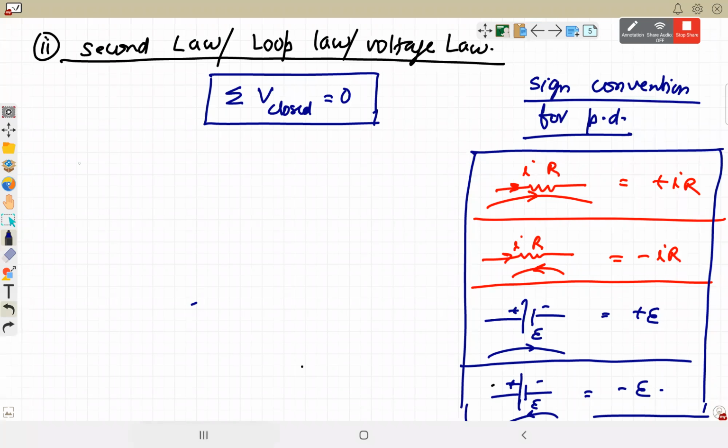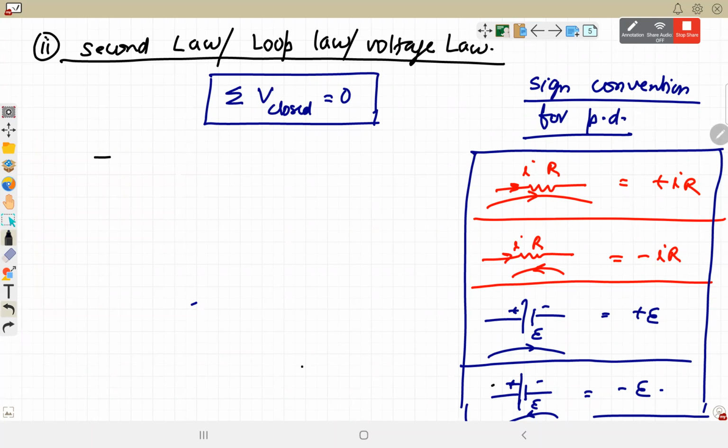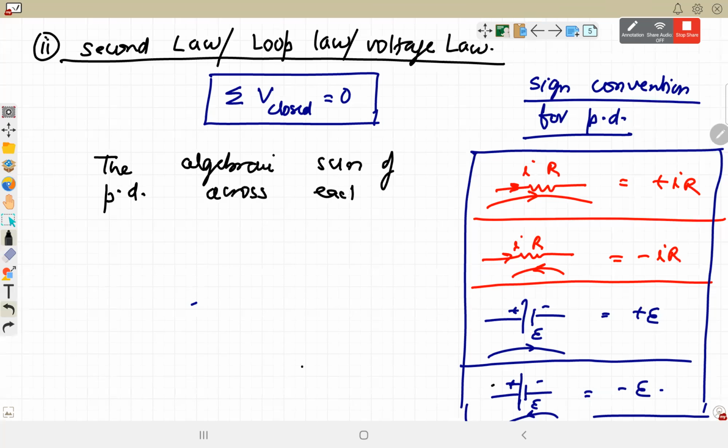So statement is that the algebraic sum of potential difference across each element in a closed loop is always 0.